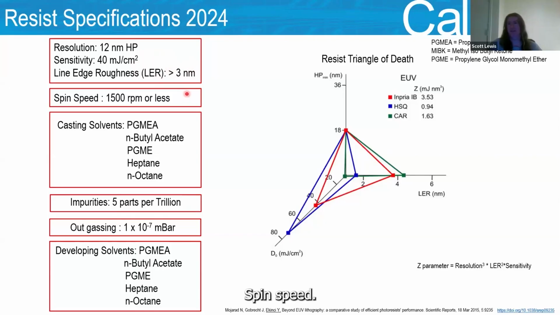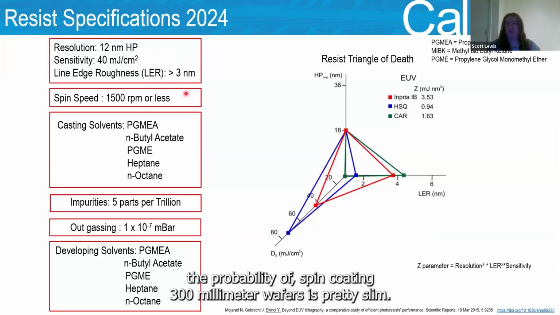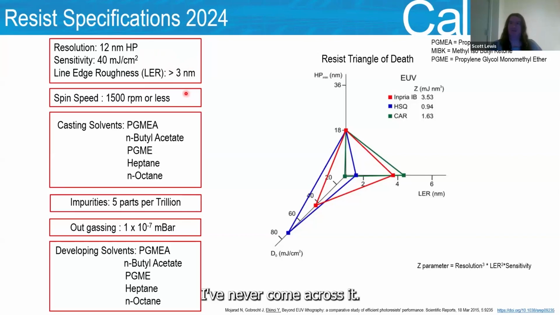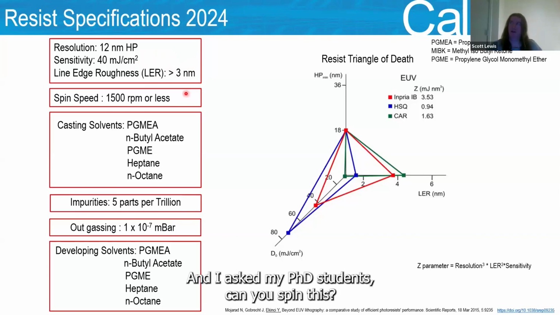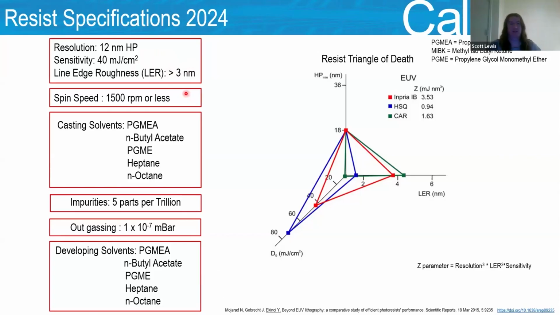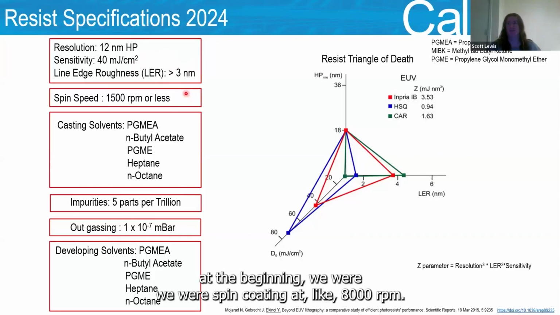Spin speed is quite interesting. Being in a university environment, the probability of spin coating 300 millimeter wafers is pretty slim. I've never come across it, only at imec. And I asked my PhD students, can you spin this? When I developed a resist, at the beginning, we were spin coating at like 8,000 RPM.